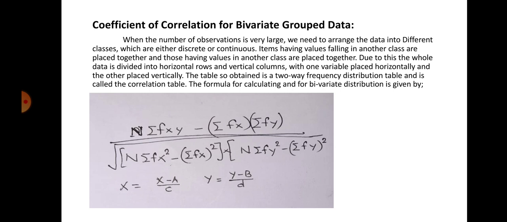Next, the formula for calculating a bivariate distribution is r equal to n sigma f dx dy minus sigma fx into sigma fy, divided by square root of n sigma fx square minus sigma fx whole square, into n sigma fy square minus sigma fy whole square.